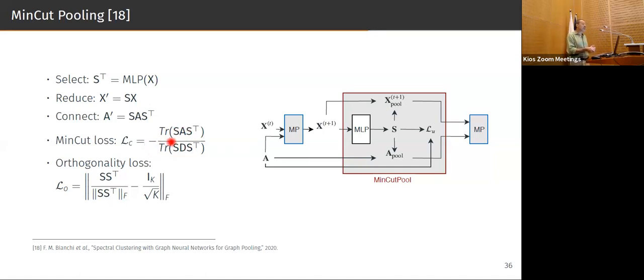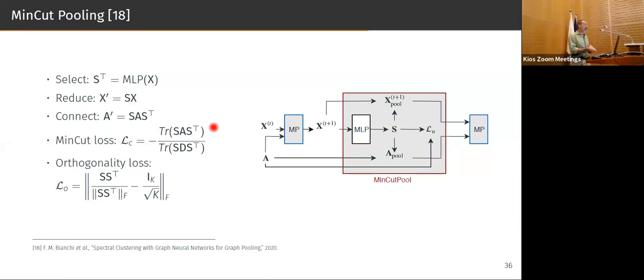And then what you want to do is to learn the score matrix S, because the score matrix will allow you to do the partitioning. And then you might use this linear projection to define the new features, and then you will consider this approach in order to generate the new adjacency matrix.